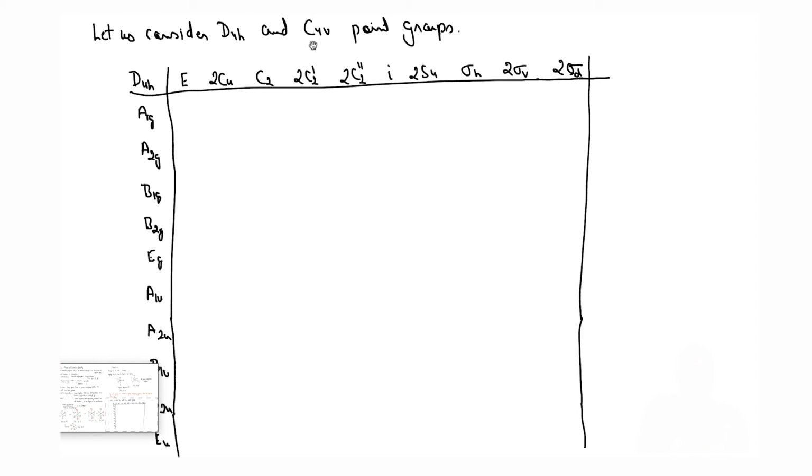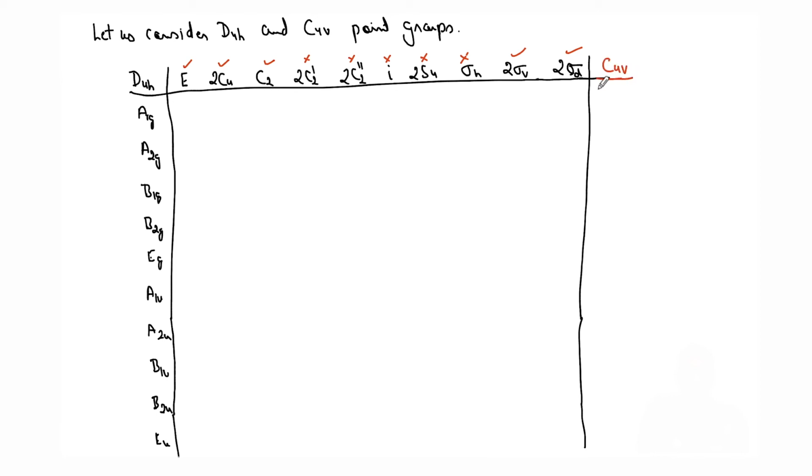That is, it will fulfill all the criteria of a point group definition, but using only some of the elements. If you look at the C4V character table, we will see that it only contains E, 2C4, C2, 2 sigma v, and 2 sigma d. So the C4V point group does not contain any of the other elements, right? So I will just write down C4V in red color here.